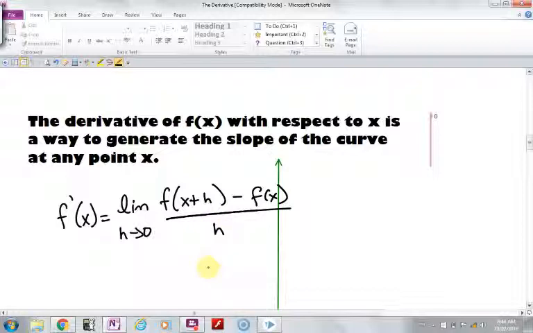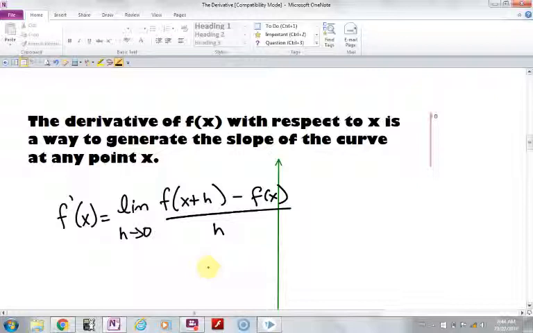Okay, so notice in this definition we have no discussion about what a is. We're not approaching a particular point. We're going to leave it in a very general form, we'll still have x's. So the limit will end up being another function. And that is in fact the derivative, because it will be the derivative of f of x at any x value.